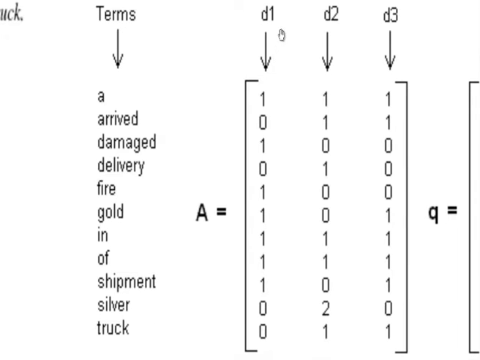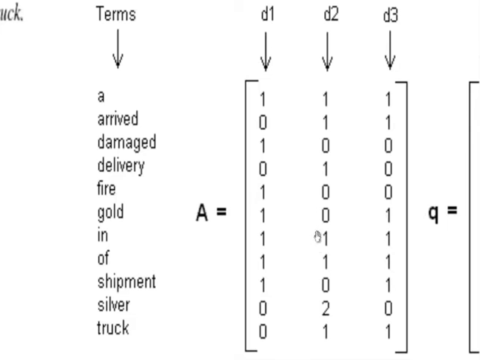Consider the vector which represents document 1. Vector 1 indicates whether a particular term is present in the document or not. If present, it indicates how many times that particular term has occurred. For example, for document D1, we find a value 1 for the term a, meaning the term a has occurred once in the given document D1.